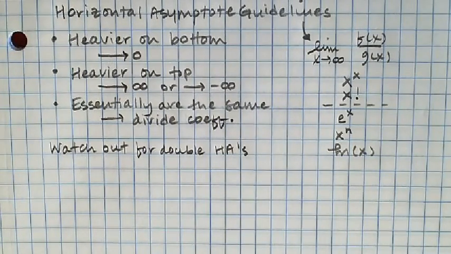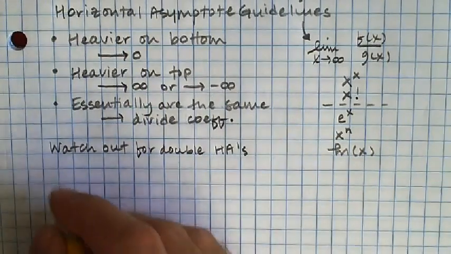So, watch out for double horizontal asymptotes on things that have, let me think about this. If it has e to the x and e to the negative x in both the numerator and the denominator, that is a chance for a double horizontal asymptote. That's really rare, though.